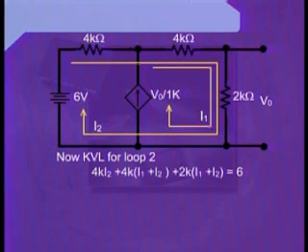Also, we can observe that the direction of flow for these two currents is same. Therefore, we have to sum them up. Hence, we can write 4K into I1 plus I2. We have completed the term for the second 4 kilo ohm resistance as well.